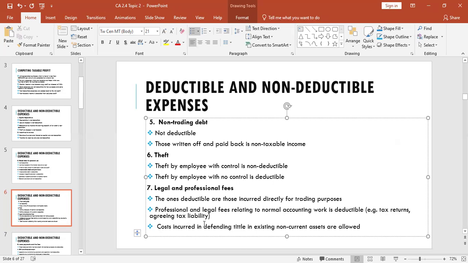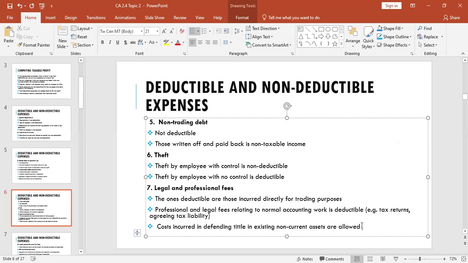Then costs incurred in defending title in existing non-current assets are allowed for tax purposes. So if, for instance, we sell phones to a customer, and the customer is taking long to pay us, he owes us 5,000, then we take that person to court.